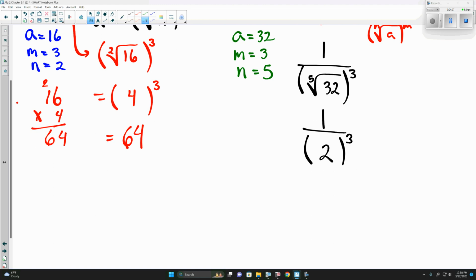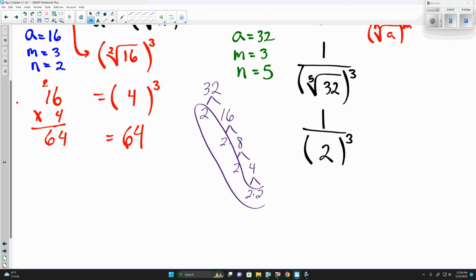Now one way we can do this is, we can take 32 and do a factor tree. That's just rewriting it as prime factors. So we can say 2 times 16. Well, 16 is 2 times 8, and so on. And it works out the prime factorization. We have 1, 2, 3, 4, 5.